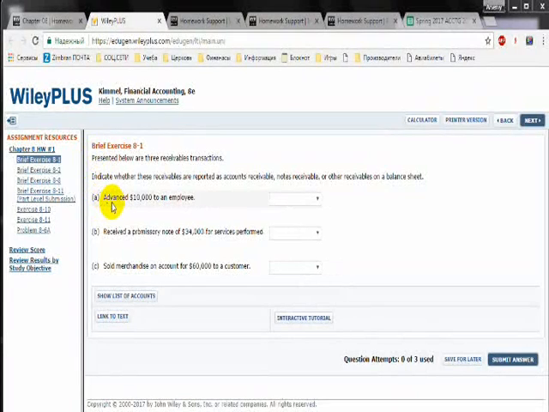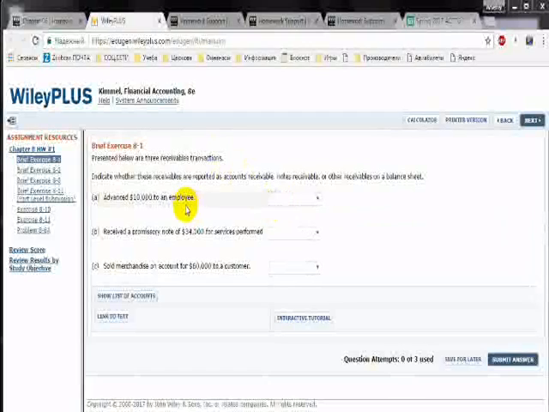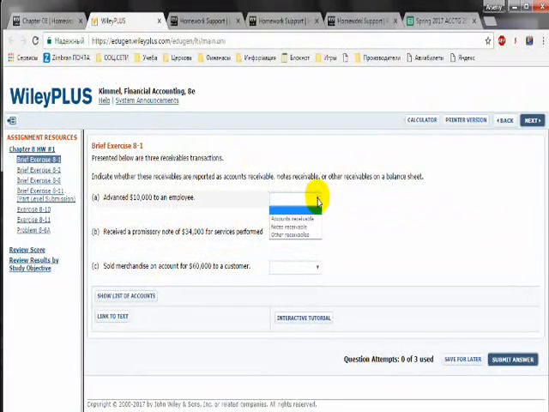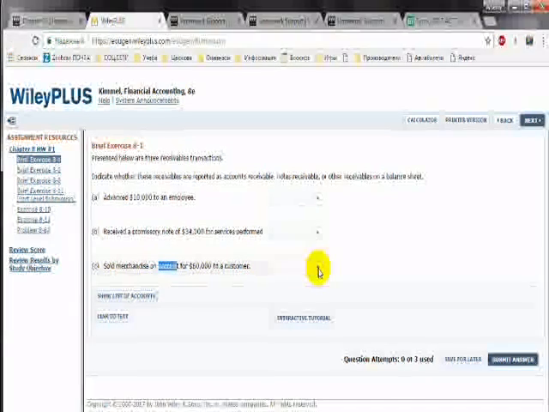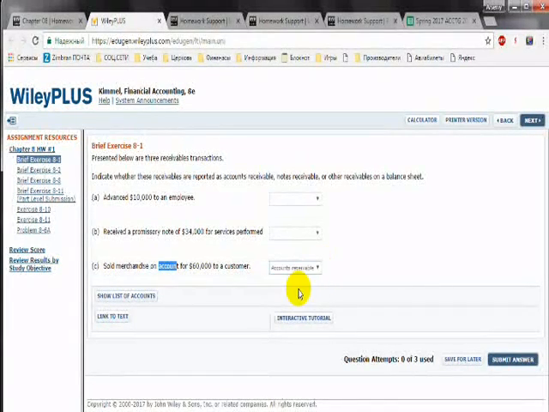We have been given 3 receivables transactions, and we need to decide whether it's accounts receivable, notes receivable, or other receivables. As you see from the types of them, this is an account. Somebody sold the merchandise on account. So this is accounts receivable.